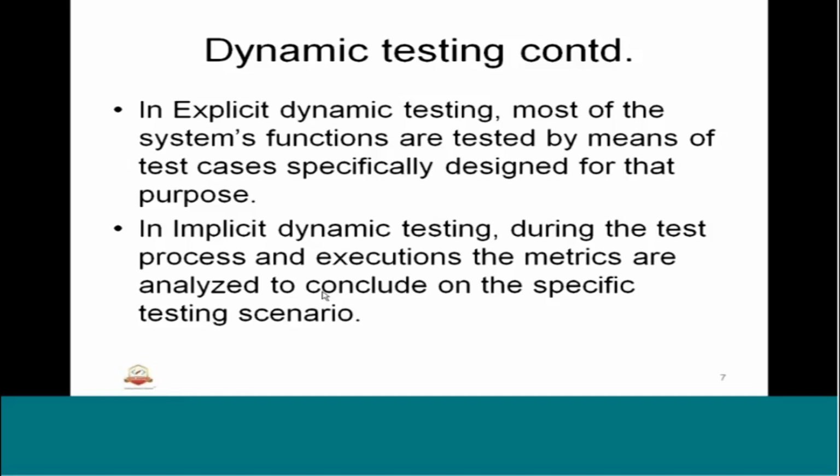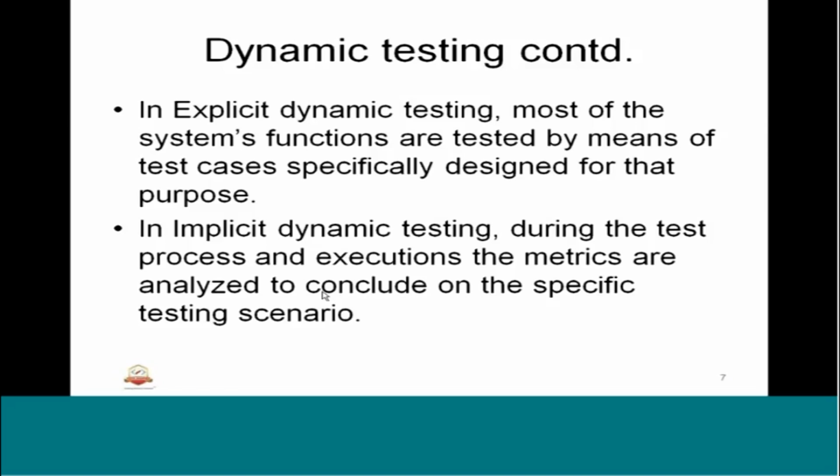For example, performance can be tested during the testing of functionality by measuring response times or memory with the help of some inbuilt tools. So we may not need a separate test scenario for these kinds of tests. No explicit test cases will be designed for this, so it is tested implicitly.